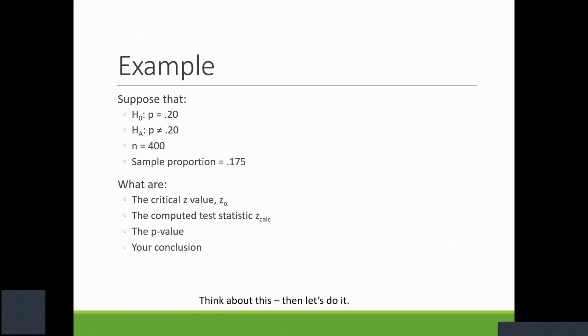Now, here's an example, and in this case there is no arrow in the alternate hypothesis because it's a not equals, which means we're looking both ways. So setting this up, the idea is that we're hypothesizing that rho is 0.20, and we want to know if we get evidence that's extreme enough to convince us that it's not, that it's way out here.